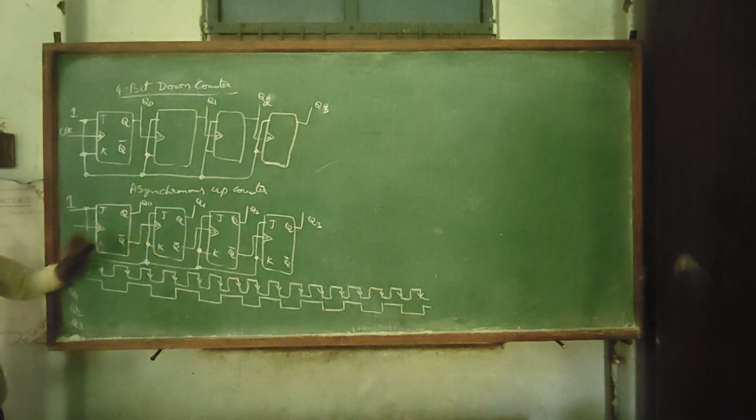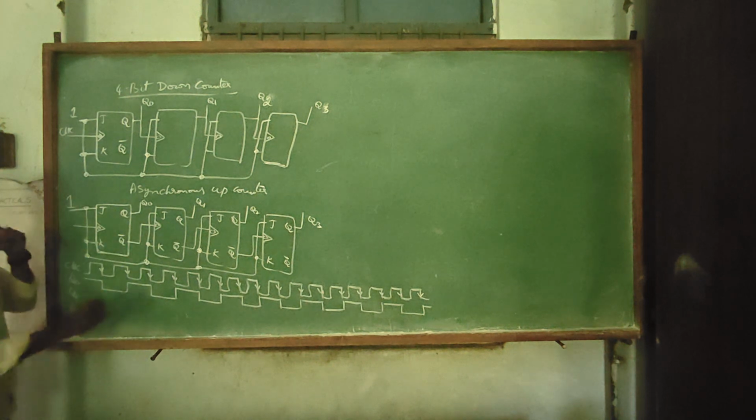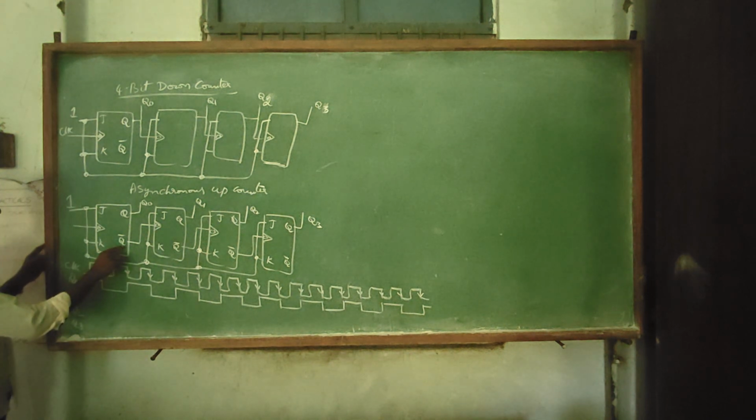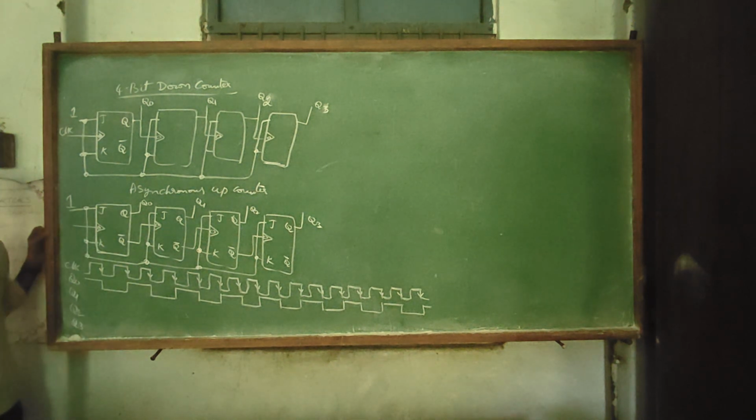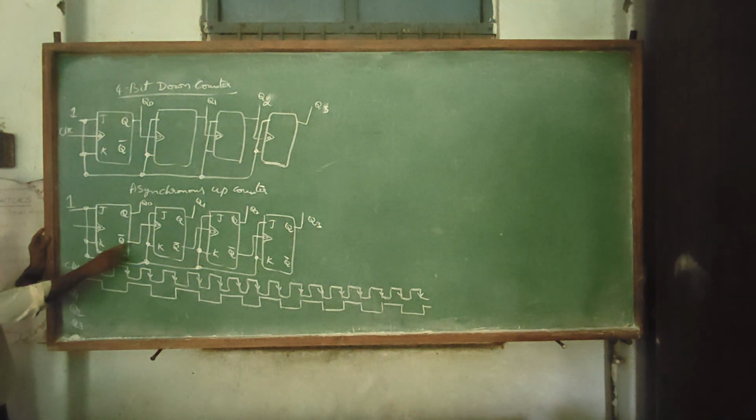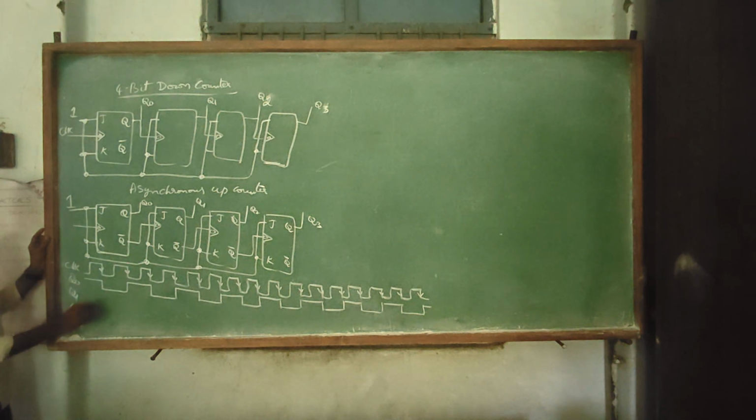Now about Q1. The input for the second flip flop is taken from Q0 bar. Q bar becomes high when Q is low.